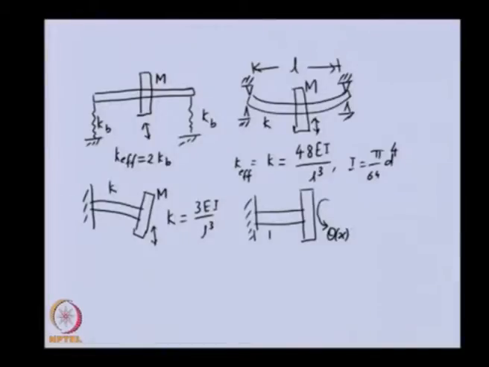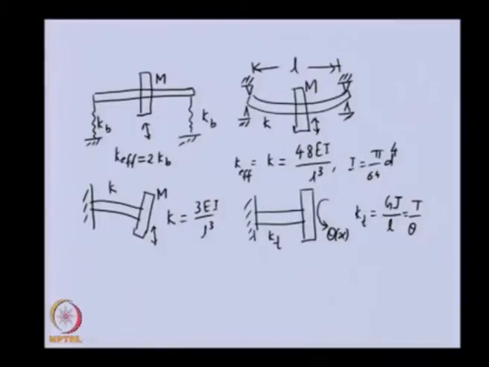In this case, the stiffness Kt will be given by a different expression. From strength of materials, we can write Gj by L, which is nothing but T by theta. This is the stiffness.